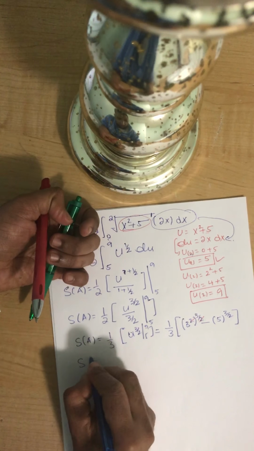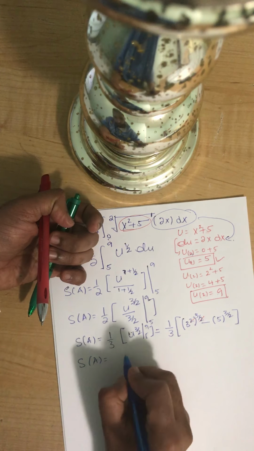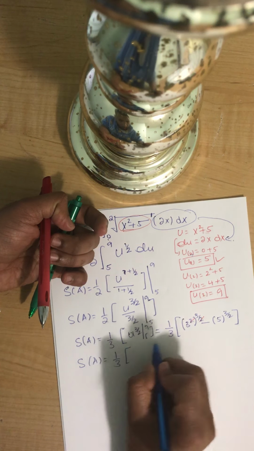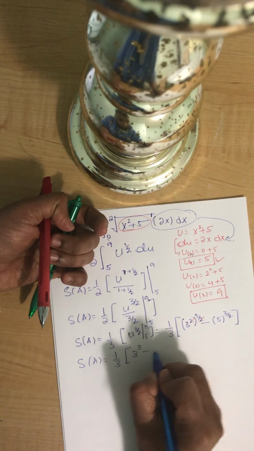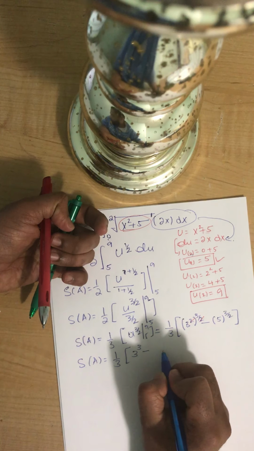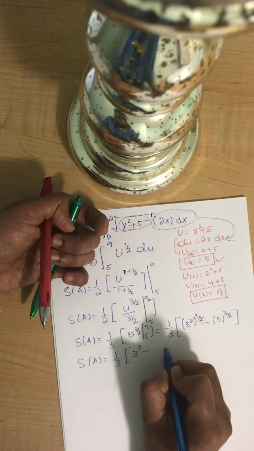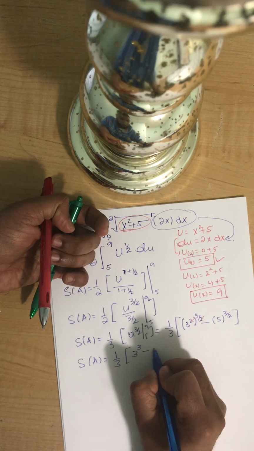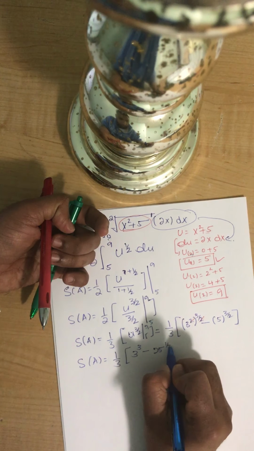So surface area is equal to 1 over 3, 3 to the power of 3 minus 5 to the 3 over 2, which is equal to 25 to the 1 over 2.